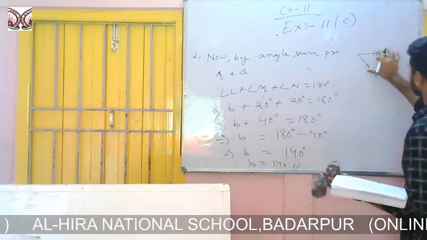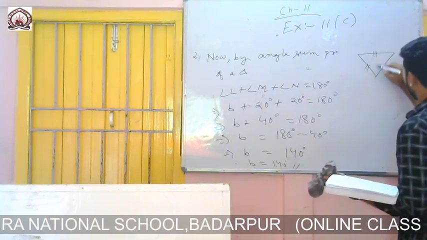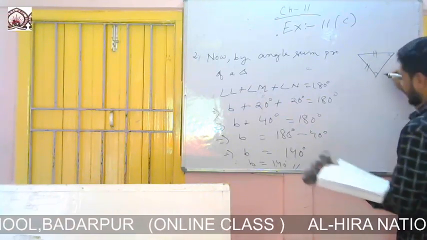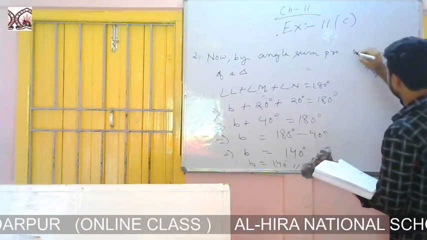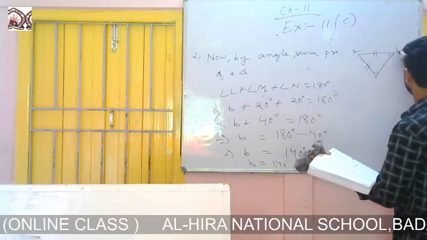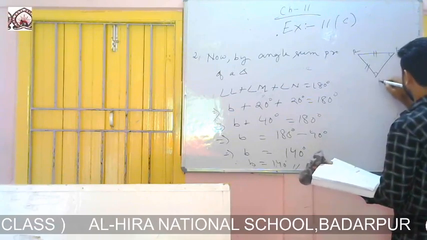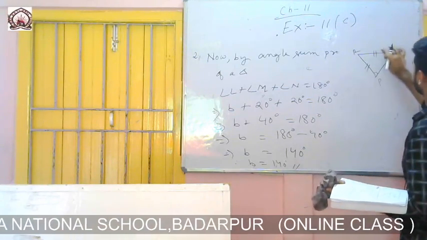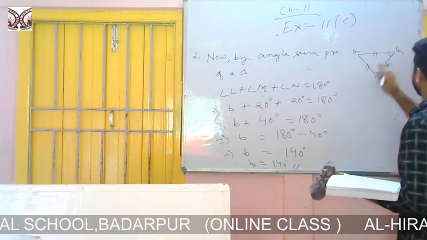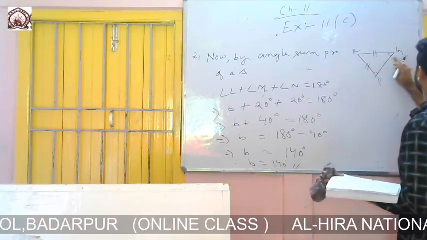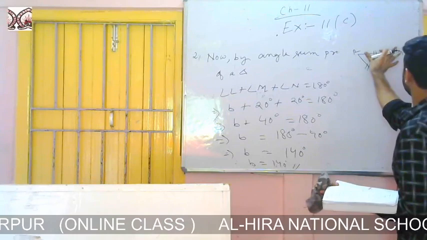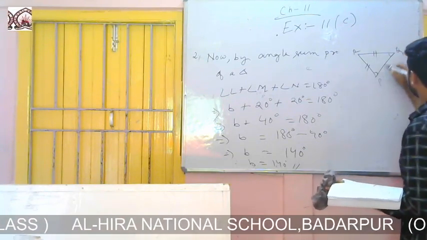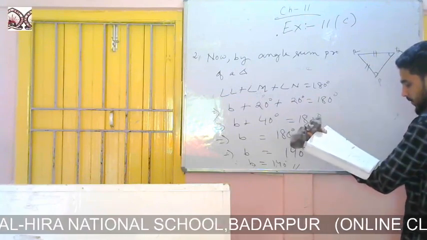That means these two sides are equal, then their opposite angles are these two angles. In PQR, these two sides are equal, and the angle opposite to this side is Q, and the angle opposite to this side is P. So you can say that angle P and angle Q are equal.